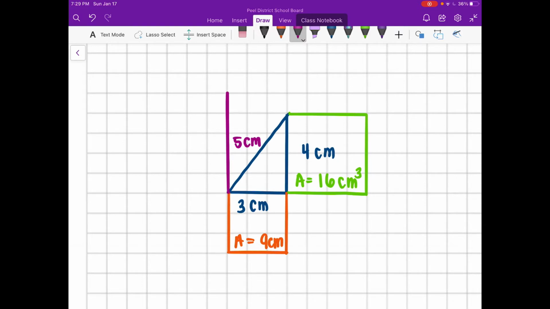I know it's 5 centimeters, so let's draw it 5 centimeters up and 5 centimeters across. And I'm going to draw it in this color right here. So 5 centimeters across, 1, 2, 3, 4, 5. And then 1, 2, 3, 4, 5. So right here.